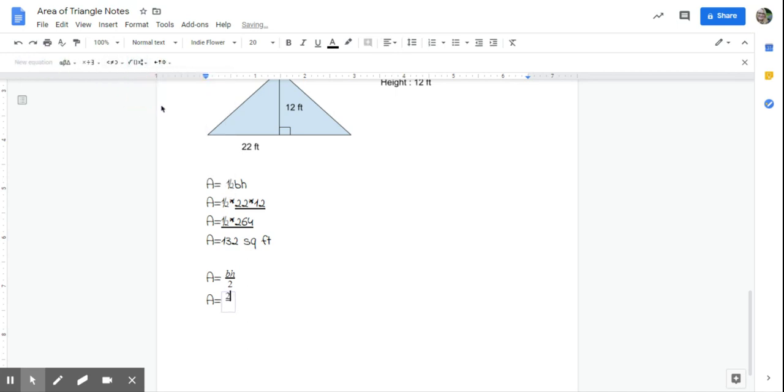The base is 22, and the height is 12. And I'm going to divide all of that by 2. Here we go. I don't know why that's underlined all of a sudden. So let's see. That turns out to be 264 divided by 2. And that's still going to give me 132 square feet, or feet squared.